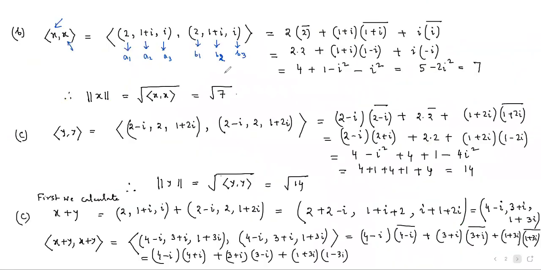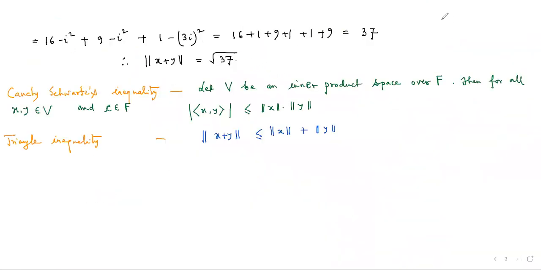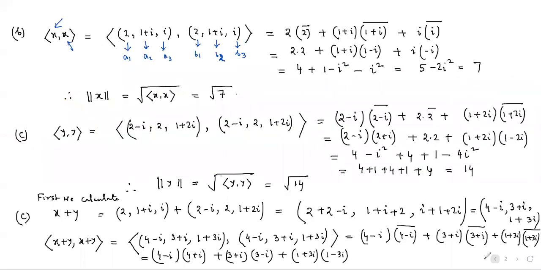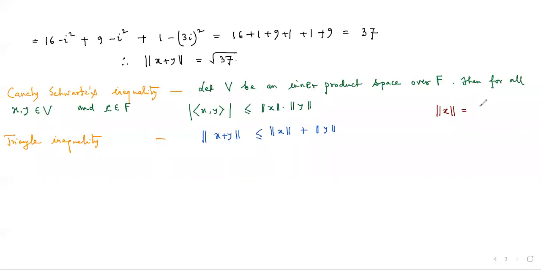Okay. Now you see, you have calculated everything. What is your norm x? Your norm x is root 7. Your norm y is root 14. Your norm x plus y is root over 37.